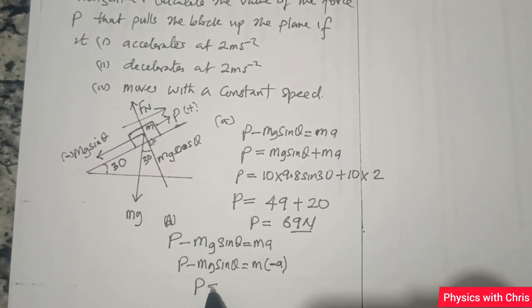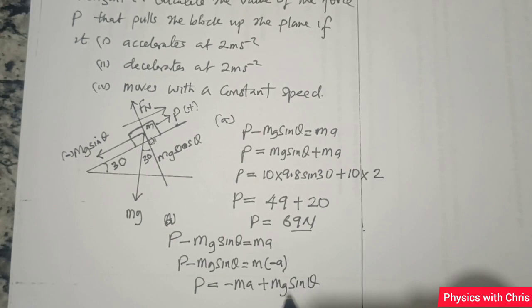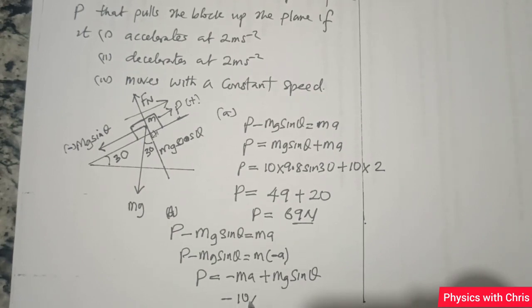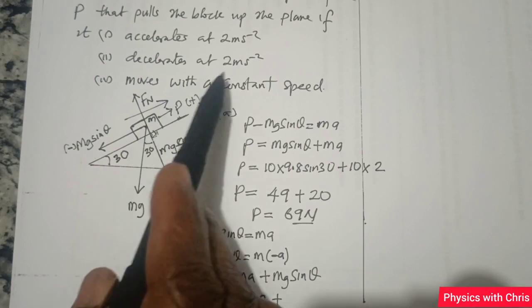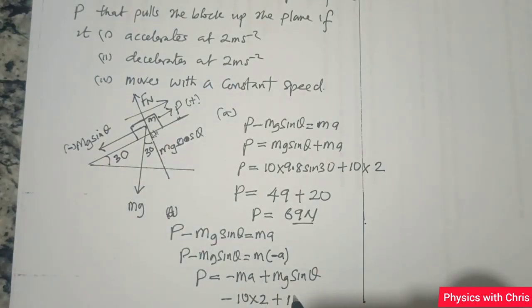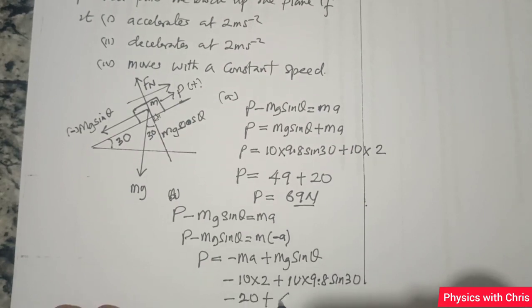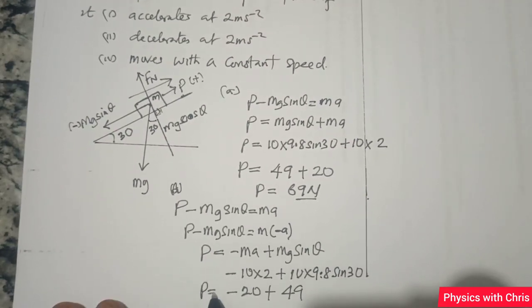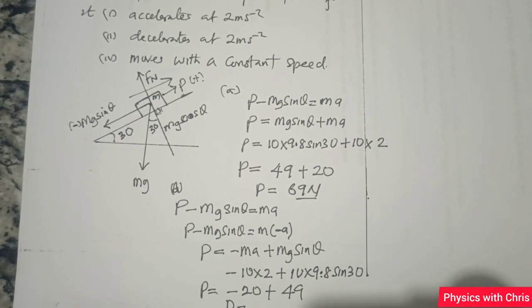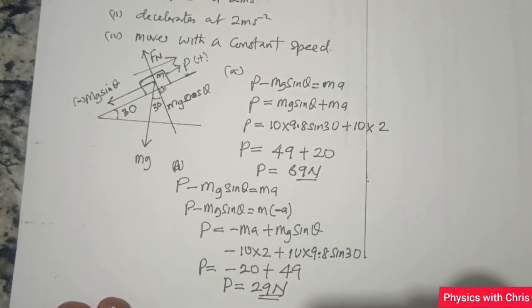So the value of force P this time around is minus ma plus mg sin theta. That gives me minus 10 times 2, that's the deceleration, plus 10 times 9.8 times sine 30. So this gives me minus 20 plus 49. So the force P this time around is equal to 29 Newton. That's the difference between 20 and 49.